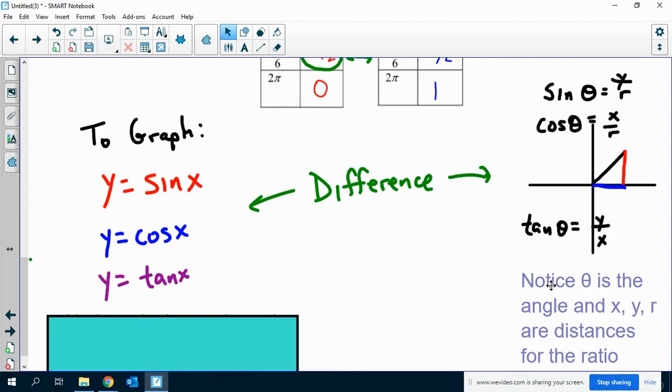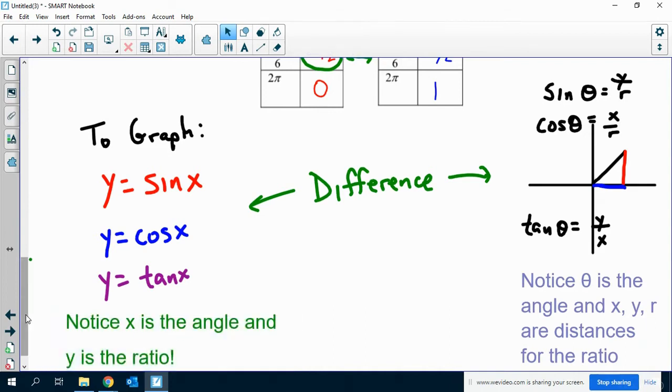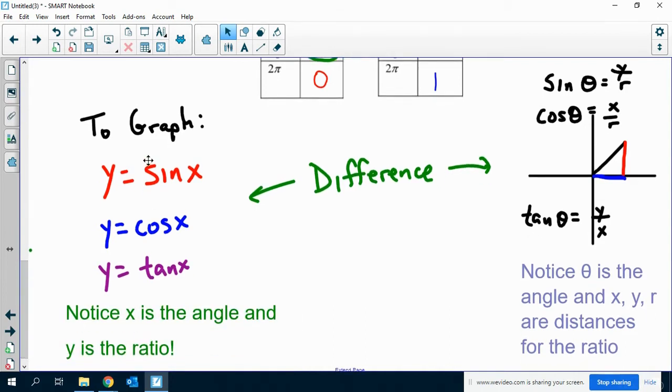So x and y in this case mean different things than they do in these functions that we're graphing, because over here, x is the angle and y is the entire ratio. That means y is a number, and x is an angle over in this part of the world.